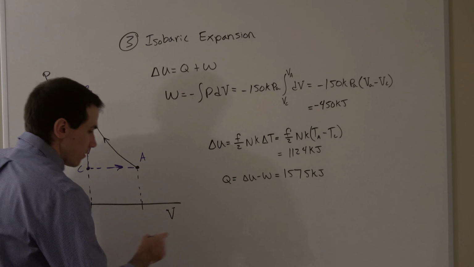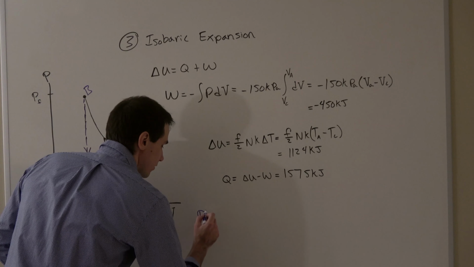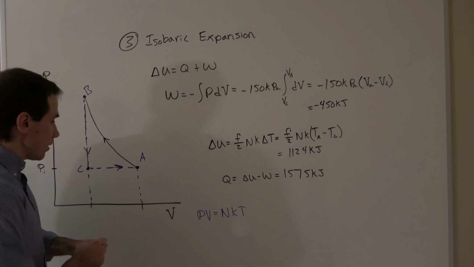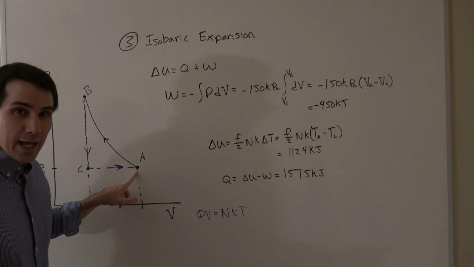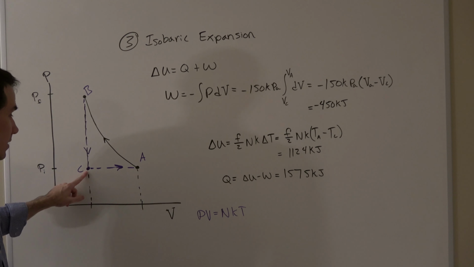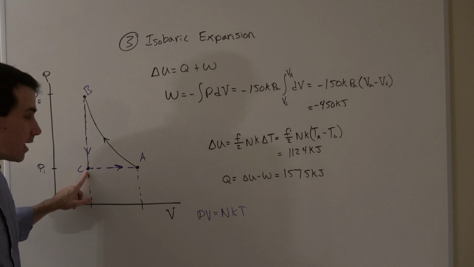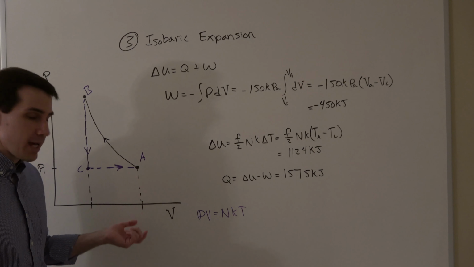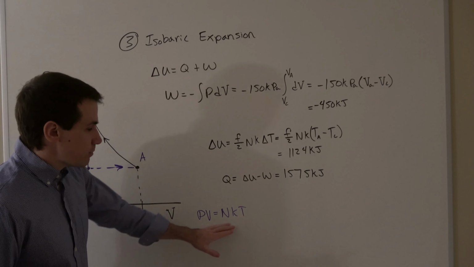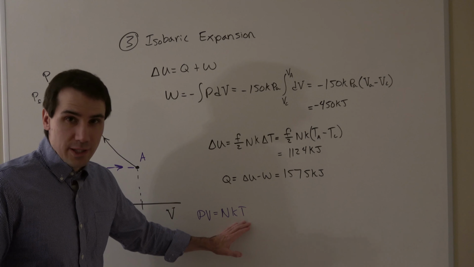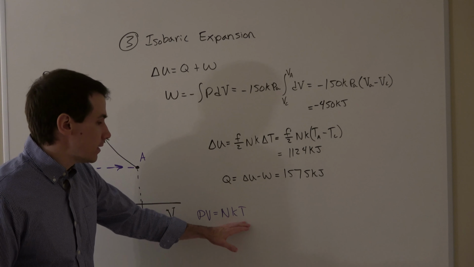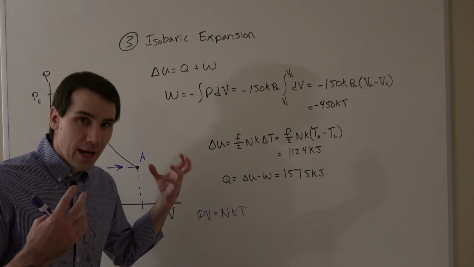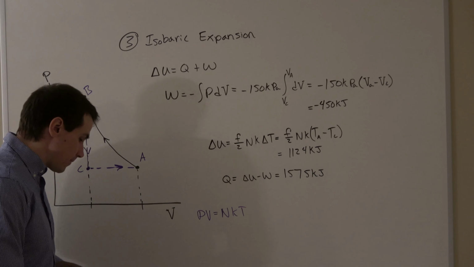If I know that PV equals NkT, well, P times V at point A is larger than P times V at point C. V is larger, P didn't change. PV for A is larger, which means that there must be a larger temperature because I didn't change N, right? So just from looking at the graph, I can tell A is at a higher temperature than C.